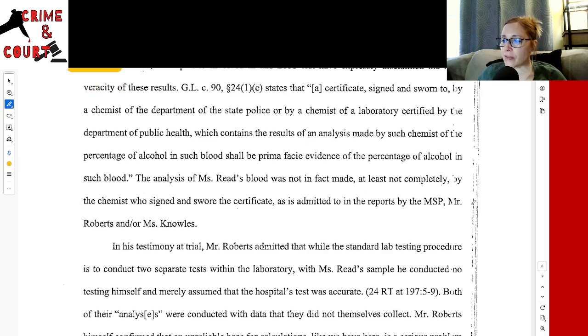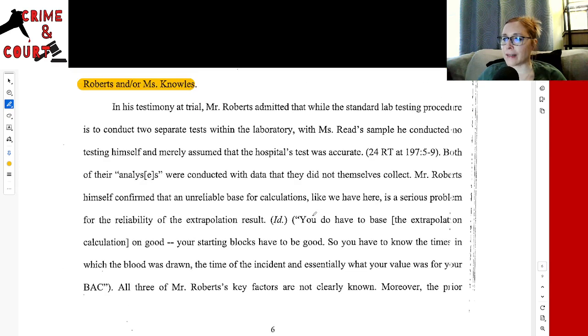The analysis of Ms. Reed's blood was not, in fact, at least not completely, by the chemist who signed and swore the certificate, as is admitted in the report. So the people who said that they tested it were actually not the people who tested it under the certificate. So that's interesting.